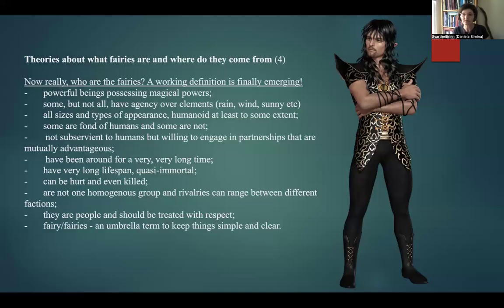So they are humanoid to some extent, because some of them also have animal or animalesque features. Some are fond of humans and some are not. So there are fairies who are more friendly toward human communities and fairies who are not friendly, not because they're evil, but think of sharks or bears or wolves.